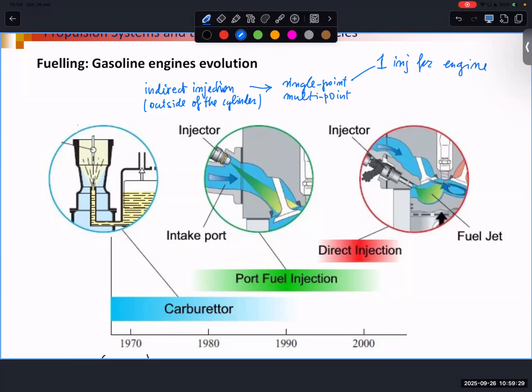Generally, it was placed upstream of the throttle valve. You could also find applications in which it was afterwards, but if you place it upstream of the throttle valve, you can use the throttle to better mix air and fuel.